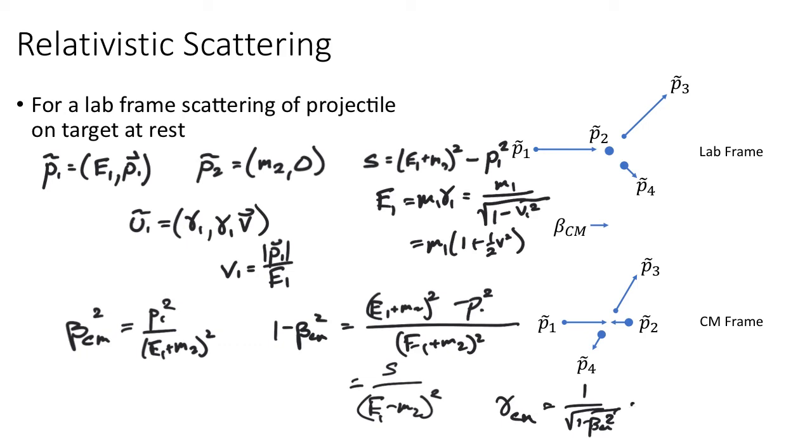And so this is E1 plus, sorry, that's a plus there, M2 over the square root of S. And if we look at that, this is the total energy in the lab divided by the total energy in the center of mass.